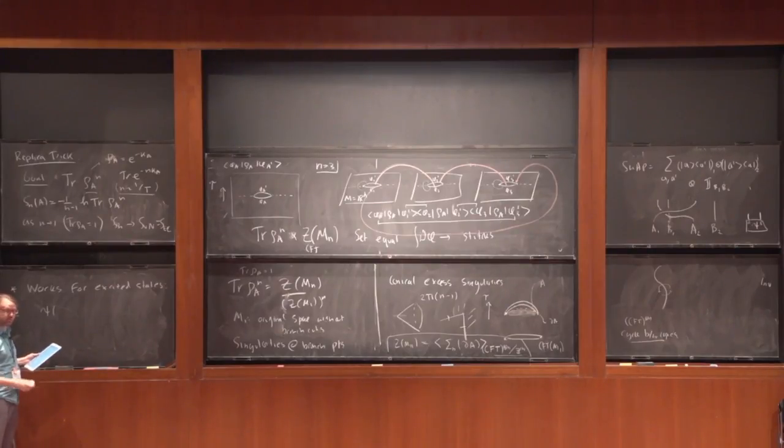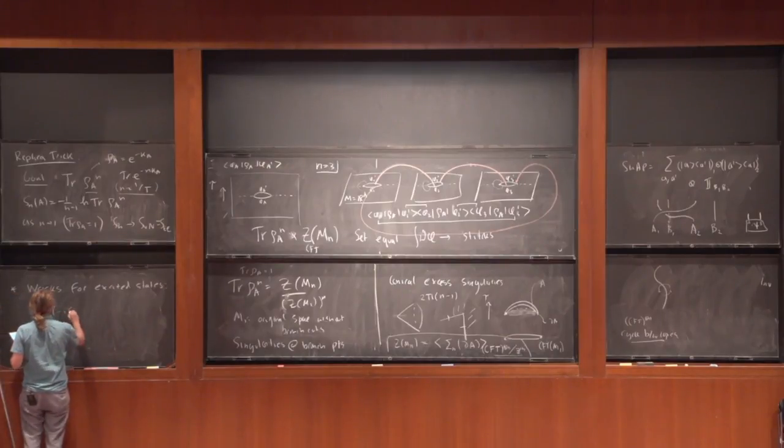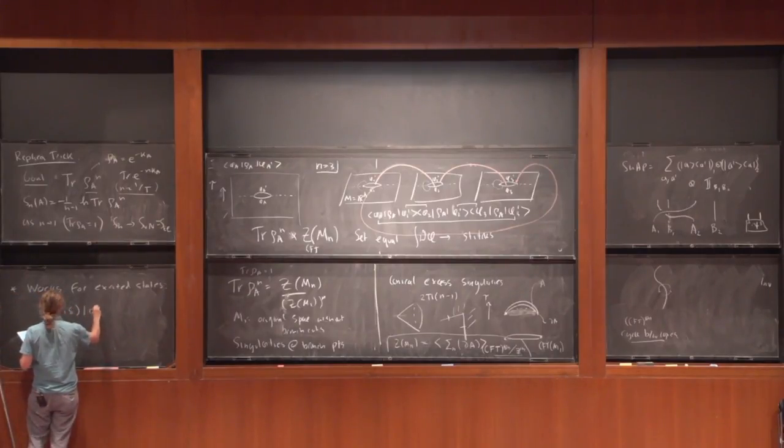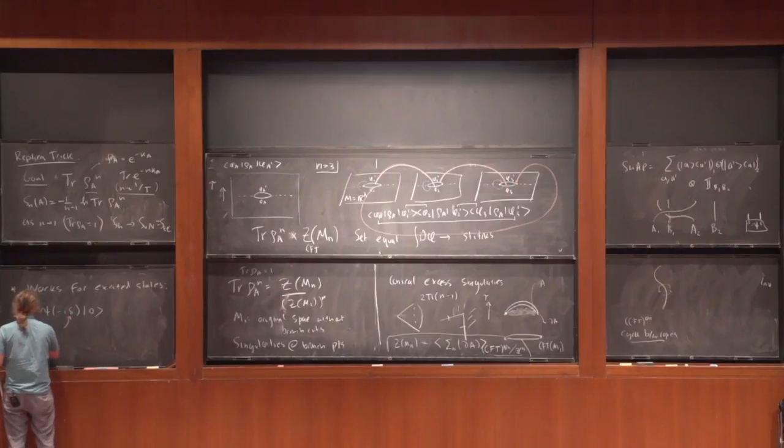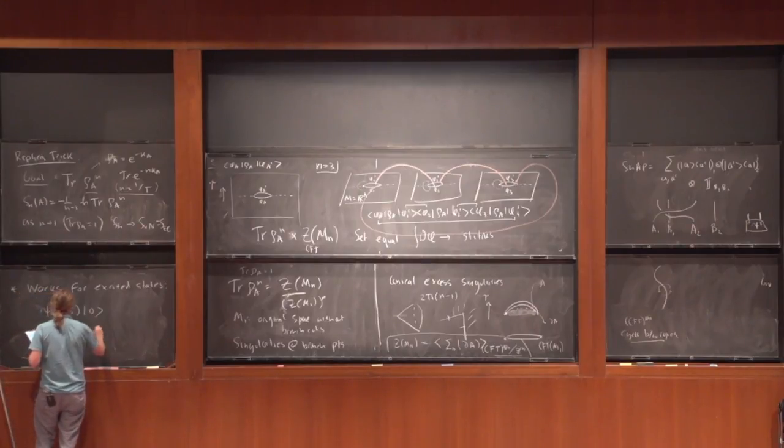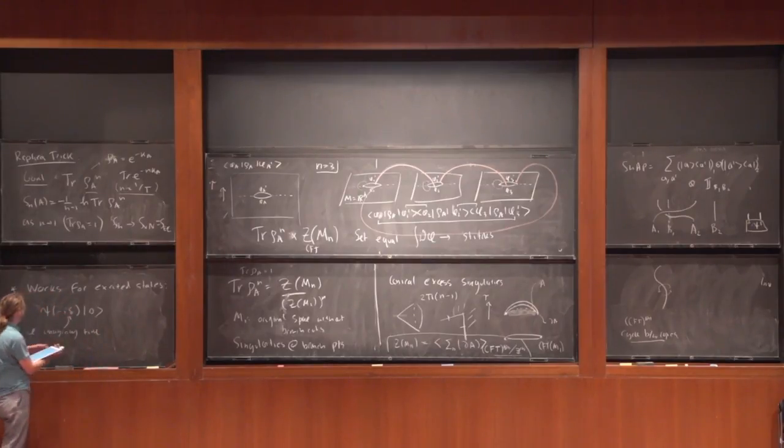You write that like this, at some imaginary, negative time. You need this delta parameter, otherwise this state will not be normalizable, but now you can normalize this state.